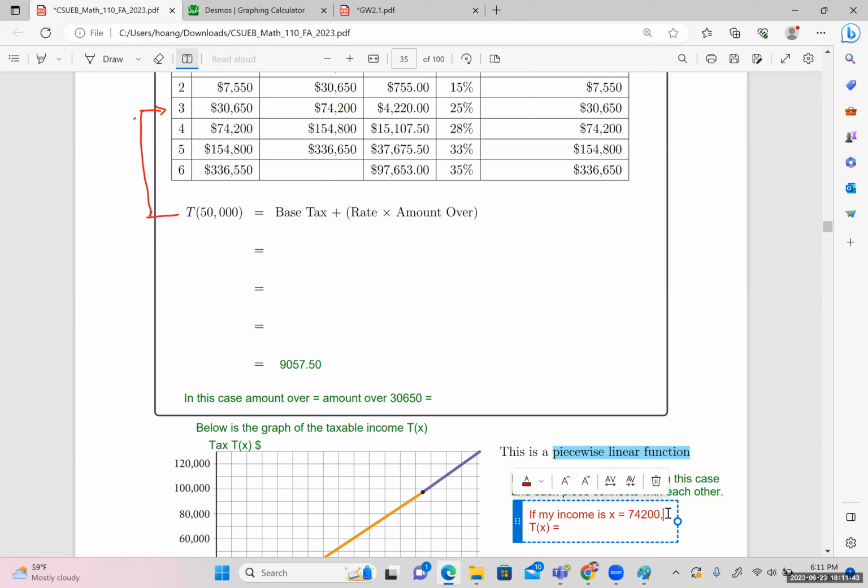I would say it is in level, the last, the max in level 3 and the min in level 4. We can find it by two ways.